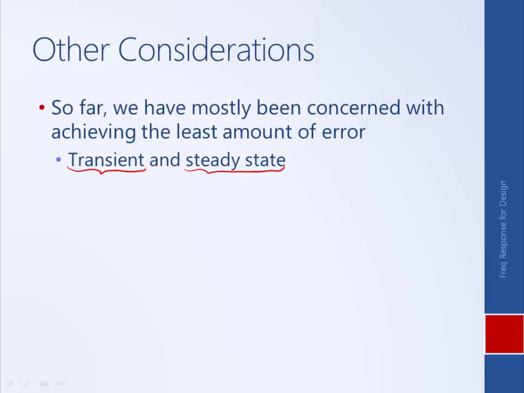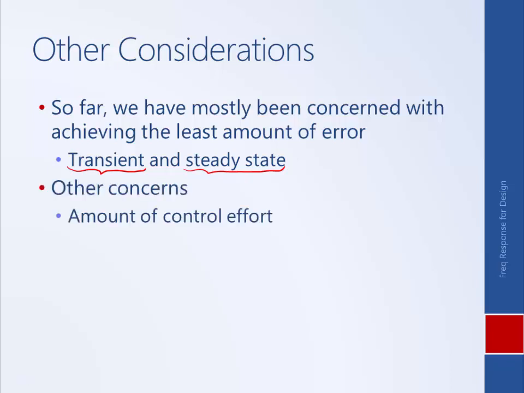There are, however, other considerations besides just how much error the system achieves and how quickly it gets there. For example, we might be concerned with how much control effort is required, how much force or torque needs to be applied by our controller, and that has implications for cost and efficiency.